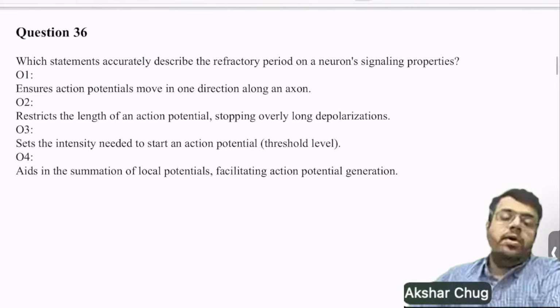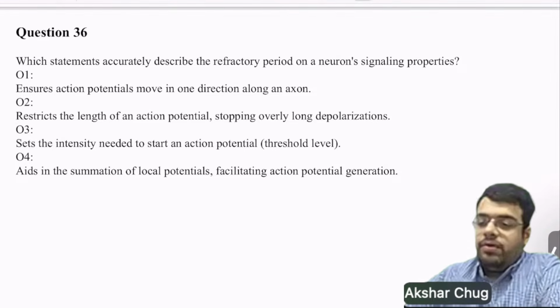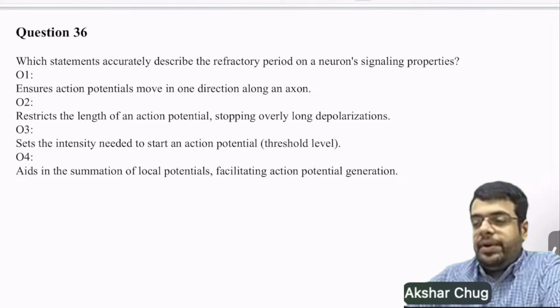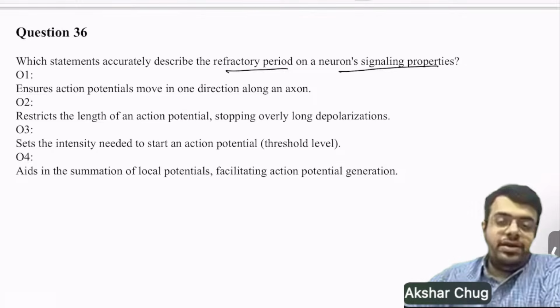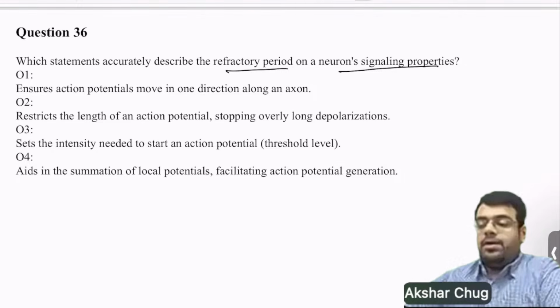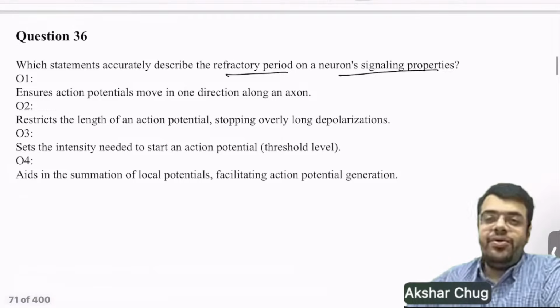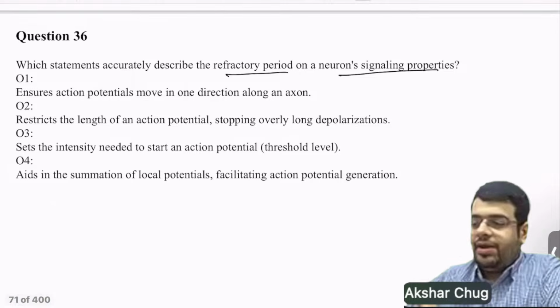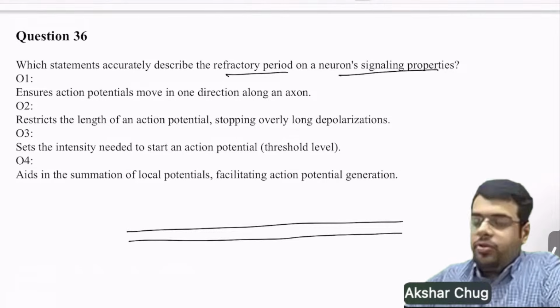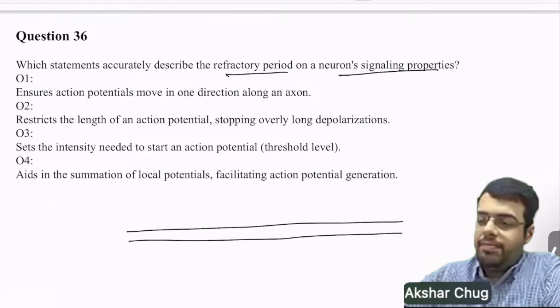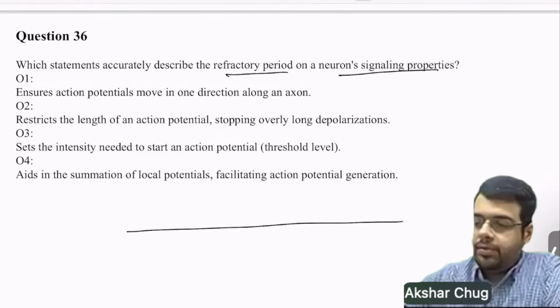Moving on to question 36, which of the following statements accurately describes a refractory period on a neuron's signaling properties? Now, this is a very interesting question, and it requires a really good hold over concepts of physiology. Now, let's understand. So basically, this is a neuron. Let's make it a bit wider so we can write inside it.